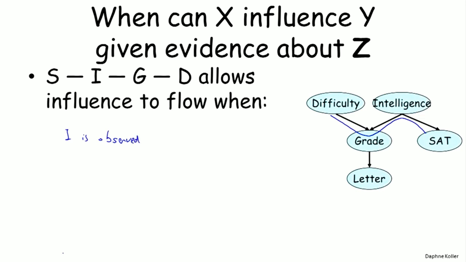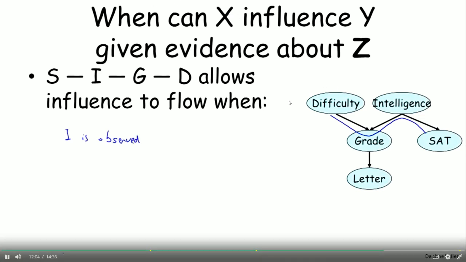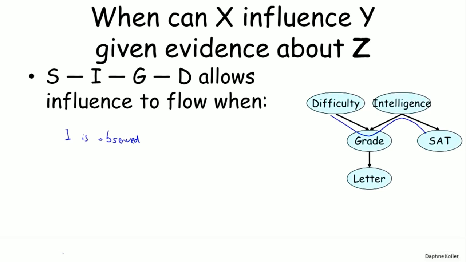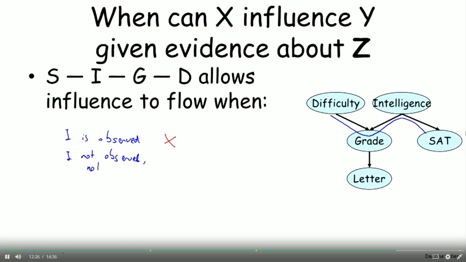Well, if I is observed, then it blocks the trail. And if it blocks the trail, there's no more opportunity for it to flow. So that's a no. What about if I is not observed, and nor is anything else? Well, what happens then?